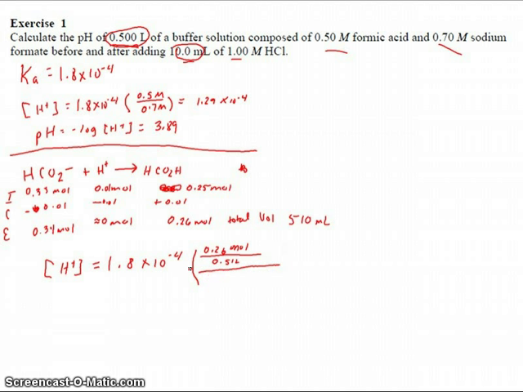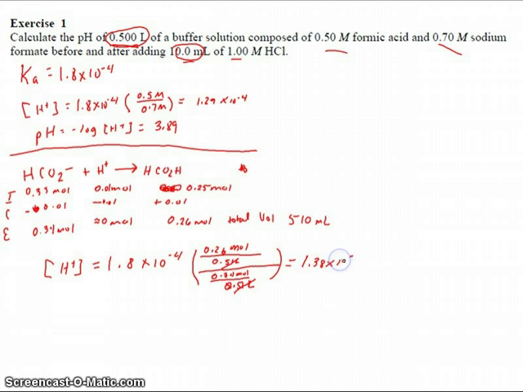I'm going to divide that by my formate concentration, 0.34 moles, also in 510 milliliters, and I'll see quite readily that those two volumes cancel out, and my new H plus concentration then is 1.38 times 10 to the minus 4.